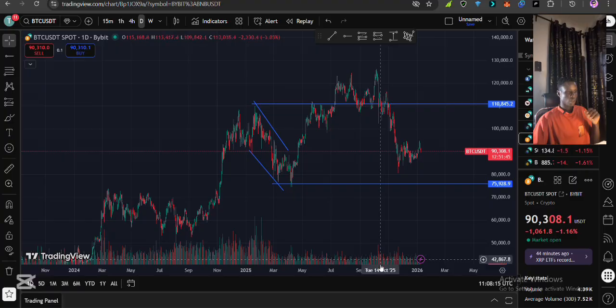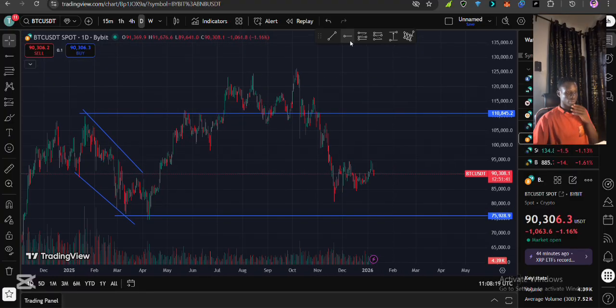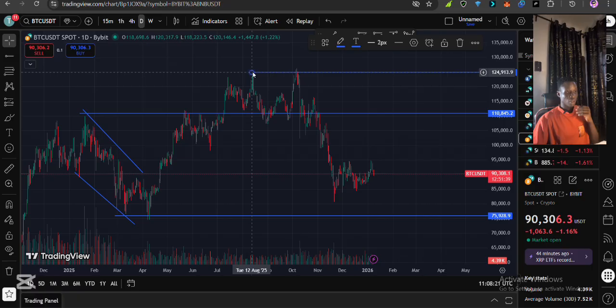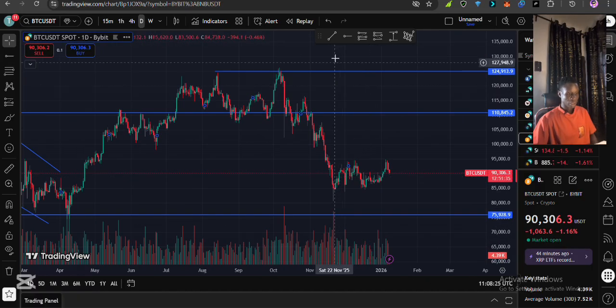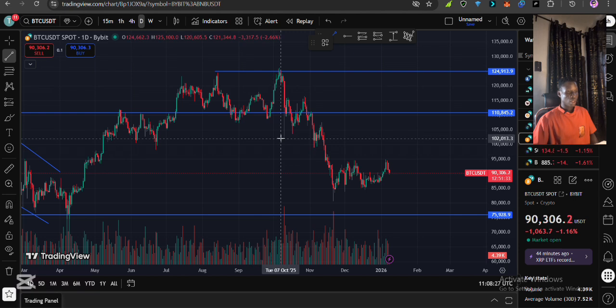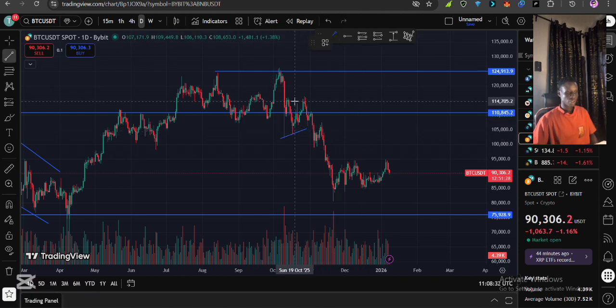First, we had our impulse from this double top. We had our impulse and we had our continuation. This is what I mean by continuation. This is a bigger bear flag which forms around here.